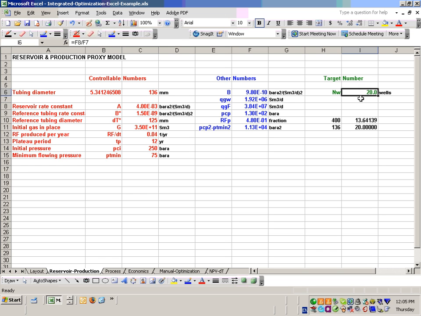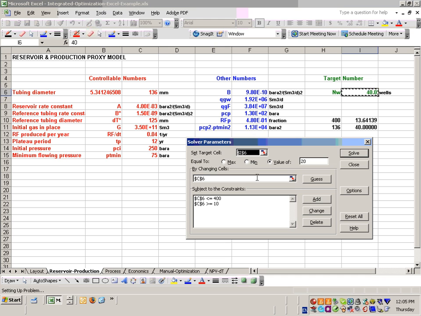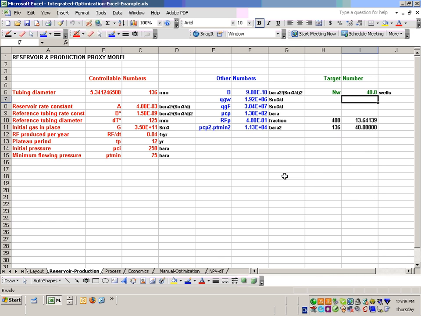If we have to drill 40 wells, oh, I got rid of the equation here. That's not good. Have to put it back in. What was the equation?